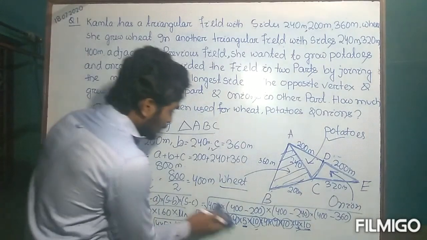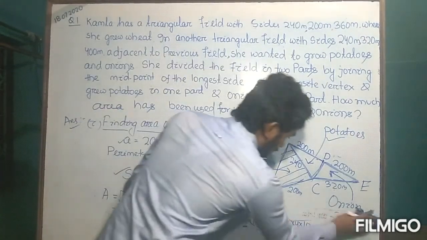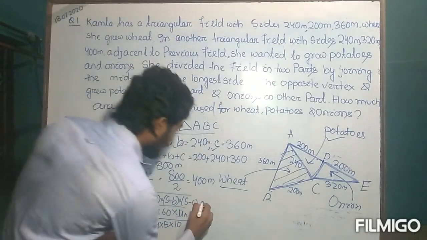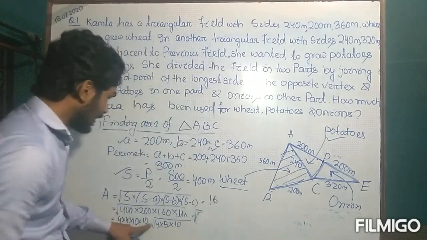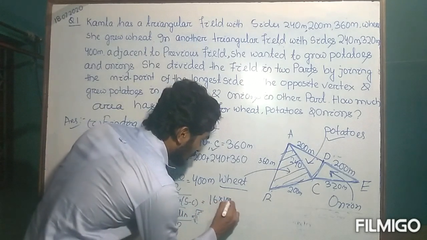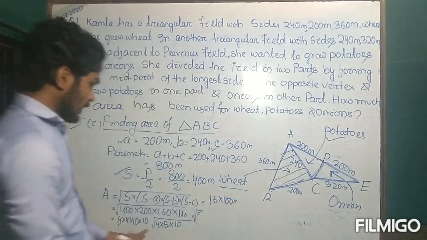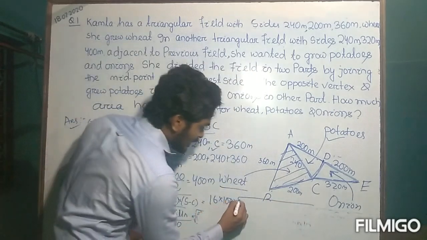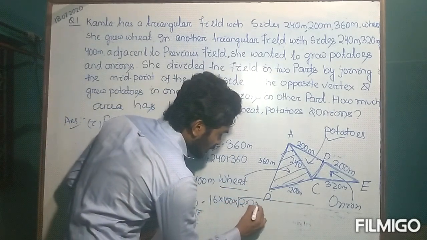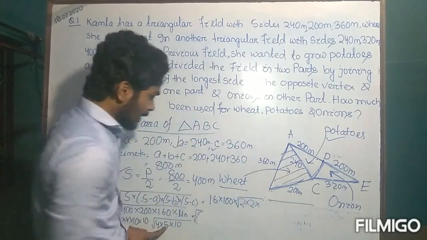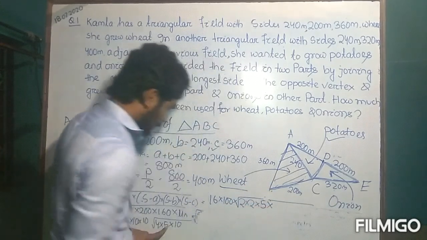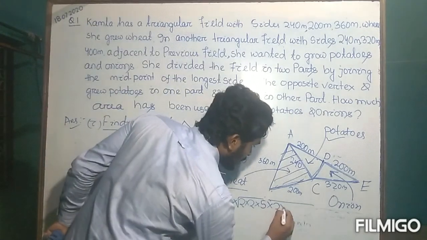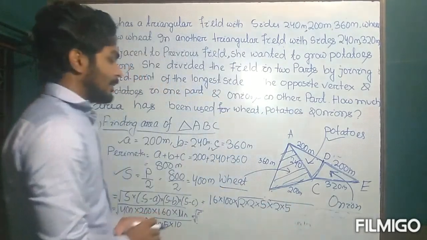Okay, now we will write the result. 4 4 is 16, 10 10 is 100, into. Now this 4 can be written as 2 into 2, into 5, into, and 10 can be written as 2 into 5.